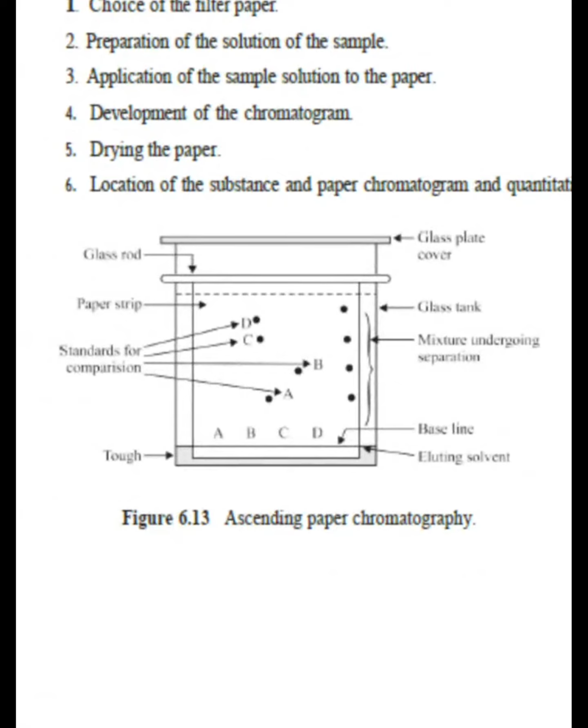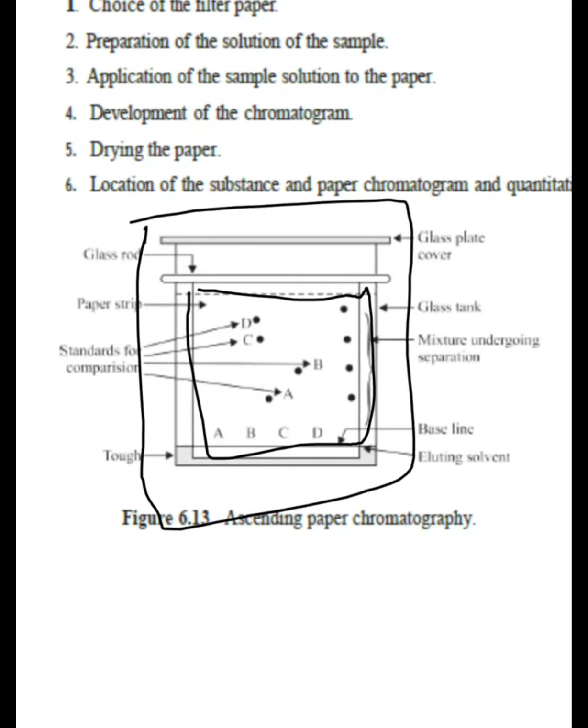This is known as paper chromatography. This is the beaker we have taken, and we are going to plot the mixture of compounds which needs to be separated. Here we'll take some quantity and plot it here.